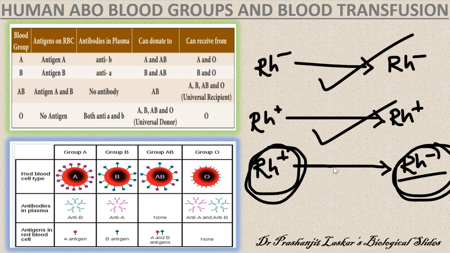He is donating Rh positive blood to the Rh negative person. So anti-Rh antibodies develop in the blood of that Rh negative recipient, and this is known as immunogenic response.